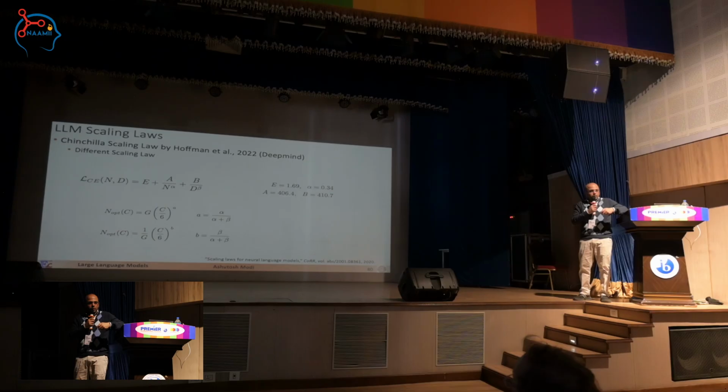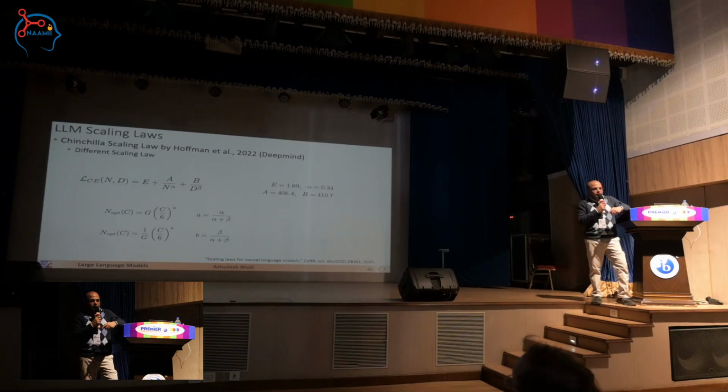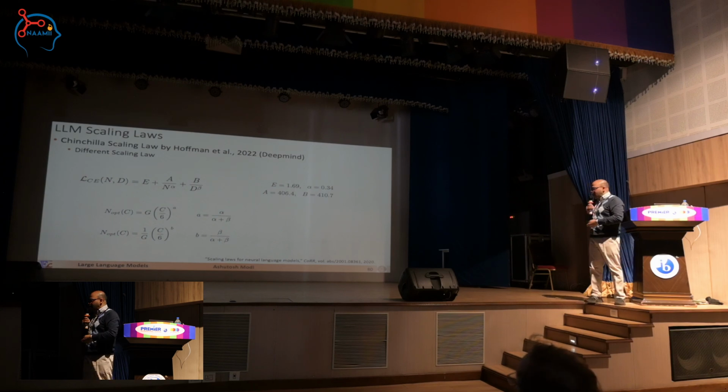In fact, Llama models and several other models have used these scaling laws to train the model. They use these scaling laws to decide how much data you need, because there's a trade-off between the size of the data set and the size of the model.